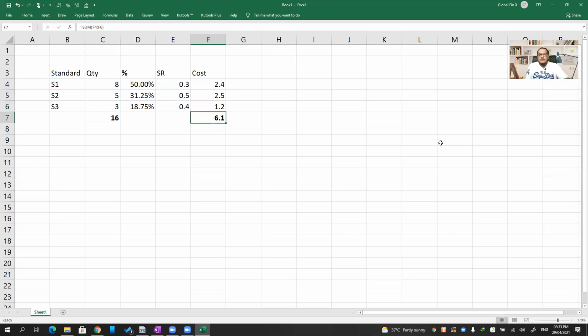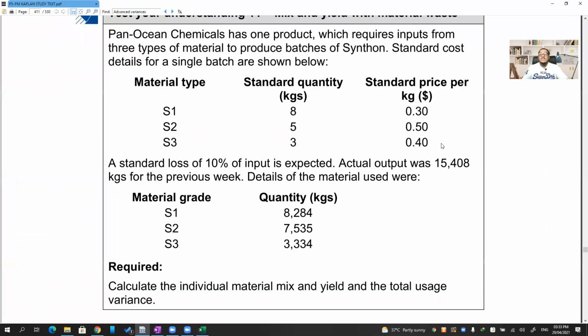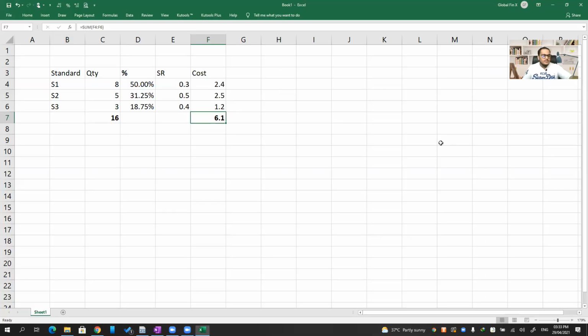Is it clear till now, everybody? Per unit, my standard material cost should be $6.1. Confirm in the chat, please.